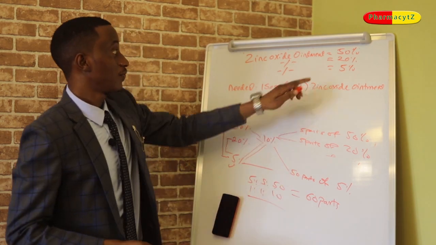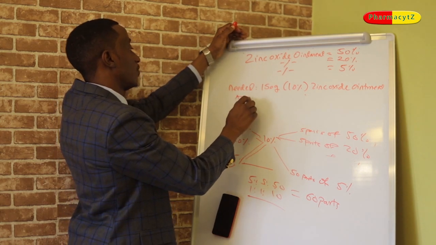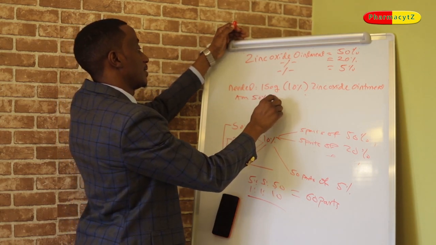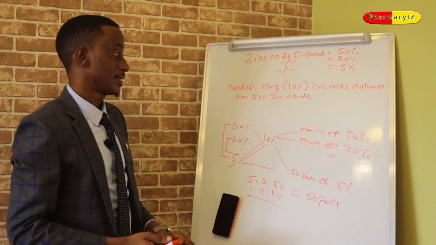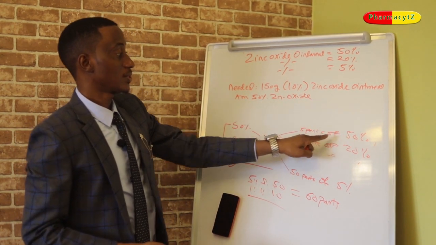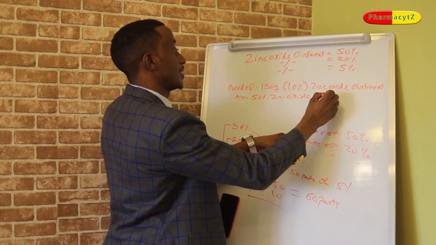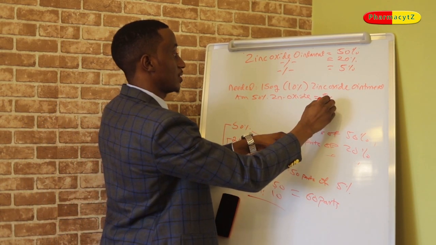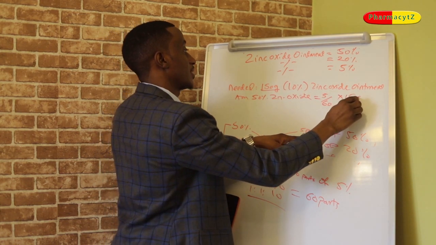To get the amount of 50% zinc oxide, consider its parts. 50% zinc oxide has got 5 parts. Then that is 5 parts of a total parts, which is 60, times the required amount, which is 150 grams.